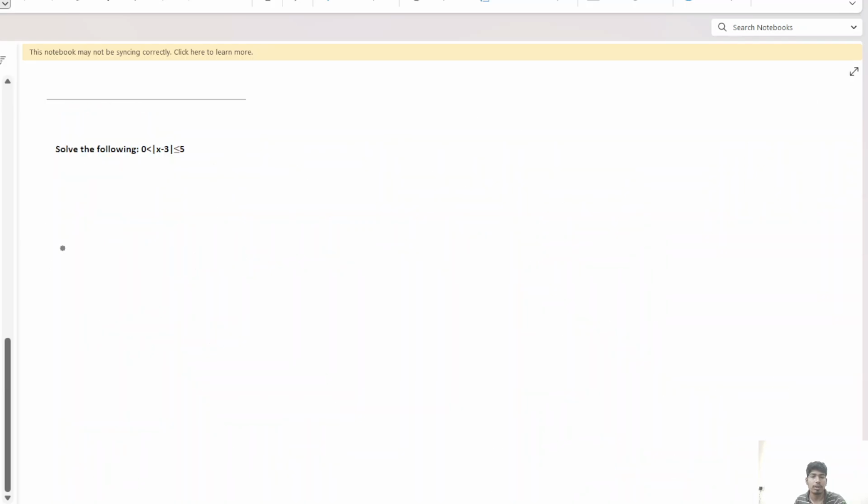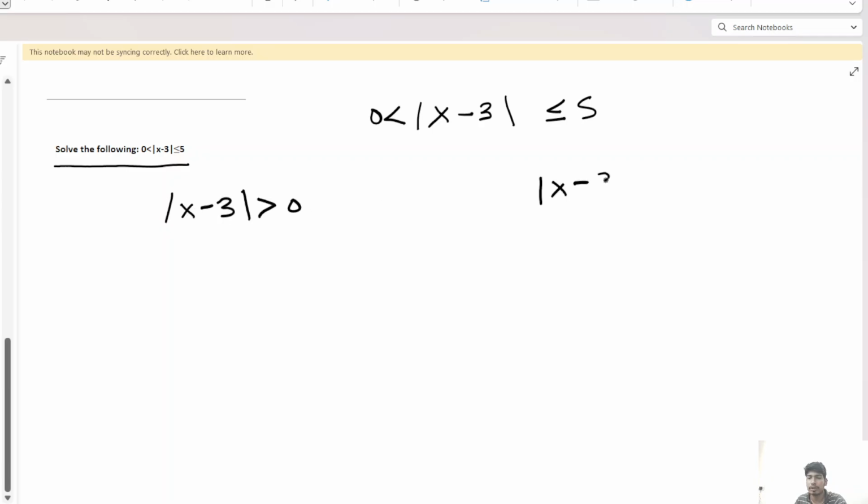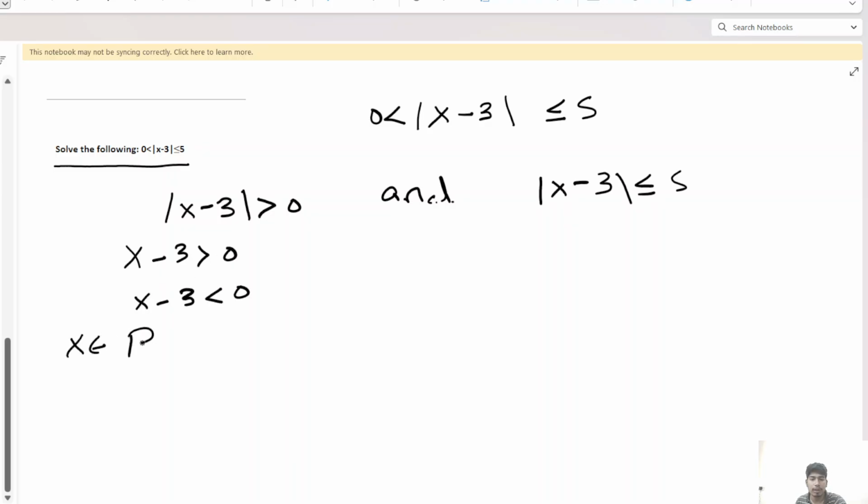Then our next question is mod of x minus 3 is greater than 0 and less than 5. So here x minus 3 is greater than 0 and x minus 3 is less than 5. Here it is 'and', not 'or'. Either x minus 3 is greater than 0 or x minus 3 is less than 0, means x belongs to real numbers except 0.